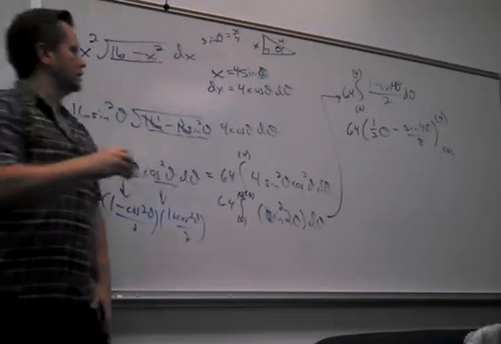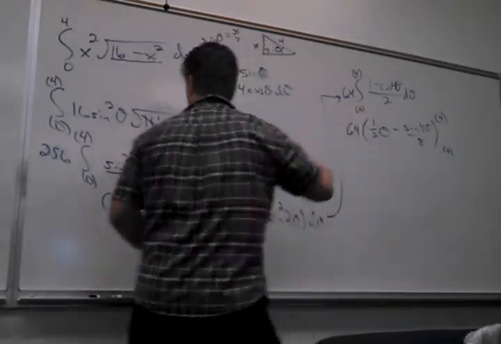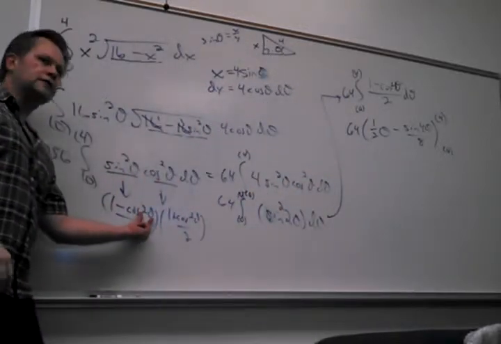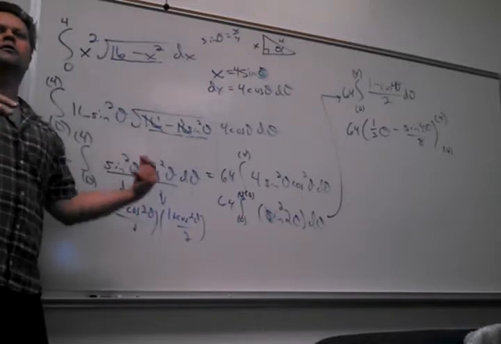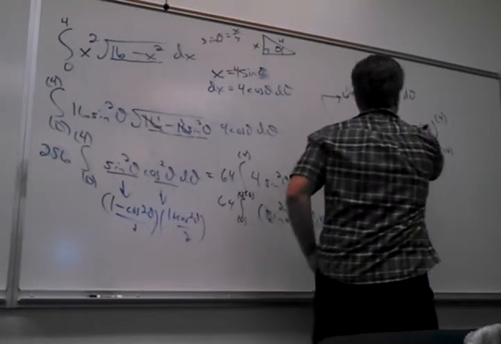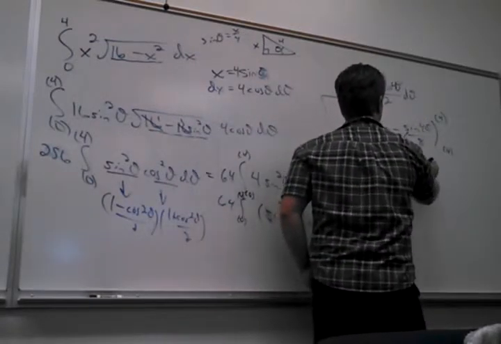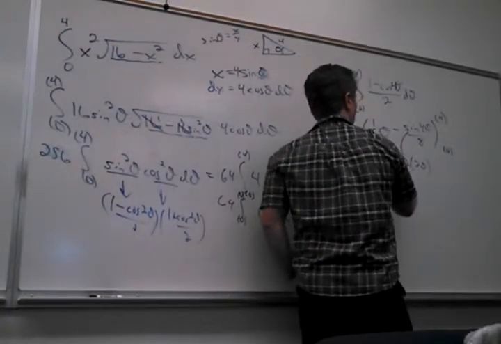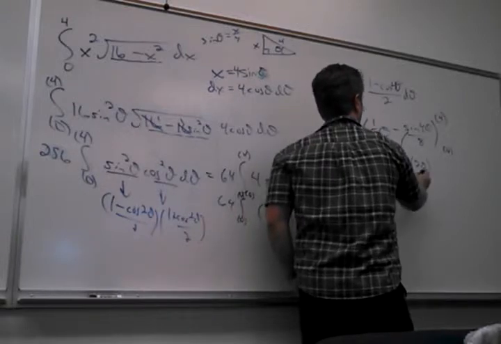So this is one downfall. Here I don't have to take one step back. This is 2 theta, so I can write it in terms of theta in one step. Here I'd have to do sine of twice 2 theta, which is 2 sine 2 theta cosine 2 theta.